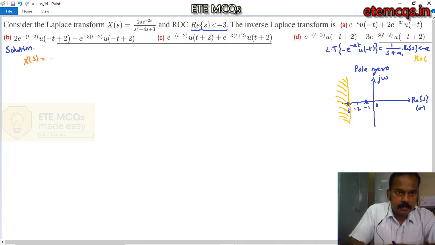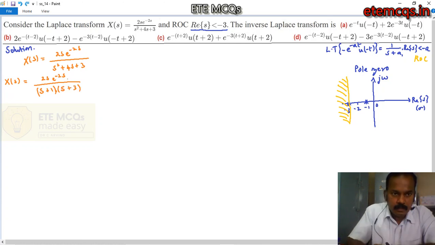X(s) is equal to 2s e^(-2s) divided by s squared plus 4s plus 3. Now this can be written in terms of factors as X(s) equal to 2s e^(-2s) the whole divided by (s plus 1) into (s plus 3). You have an exponential factor over here.